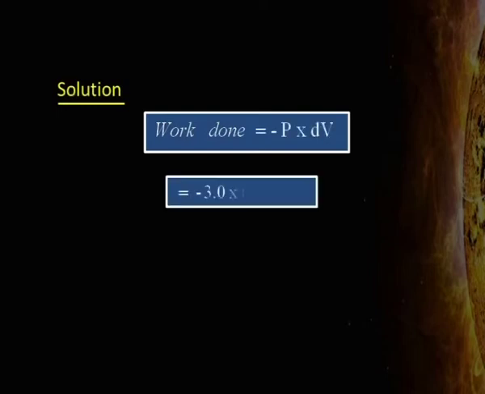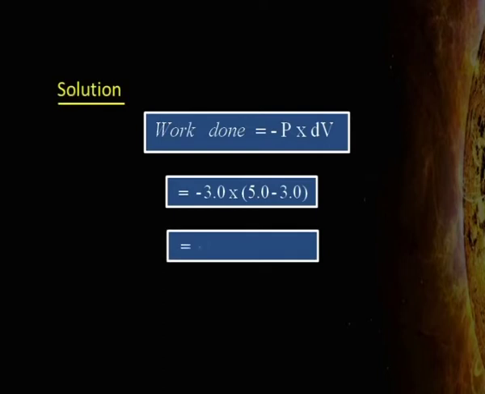As the expansion is against a constant external pressure, hence this is an irreversible process. Therefore, W will be equal to minus P dV. Therefore, W is equal to minus 3 multiplied by 5 minus 3.0, which is equal to minus 6 liter atmospheres.